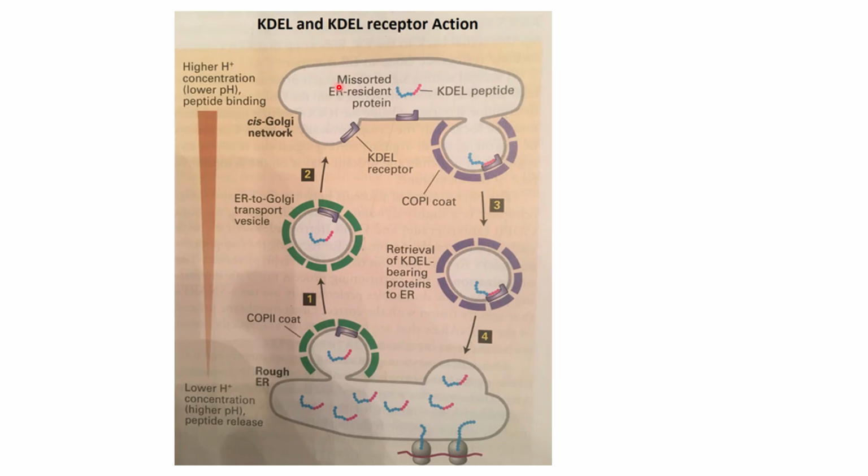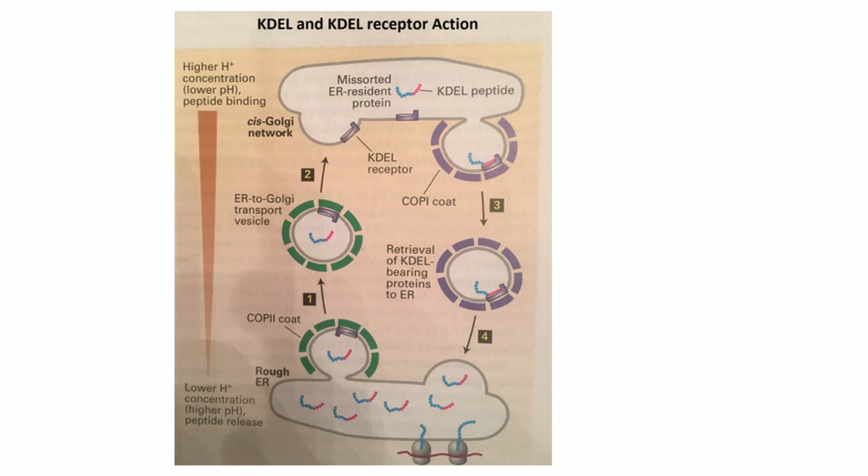Proteins destined to be present in the endoplasmic reticulum have a KDEL sequence. This sequence will be recognized by the KDEL receptor on the Golgi, which will package it into COP1 vesicles and send it back to the endoplasmic reticulum. So COP2 goes from endoplasmic reticulum to Golgi, COP1 from Golgi to endoplasmic reticulum. This is what is happening.